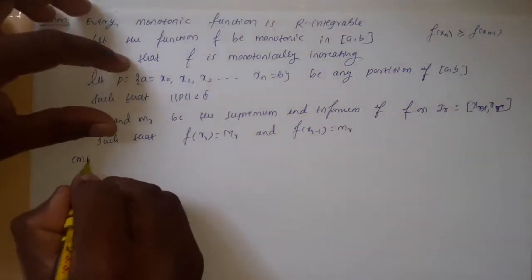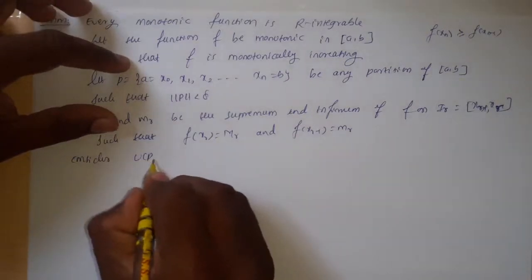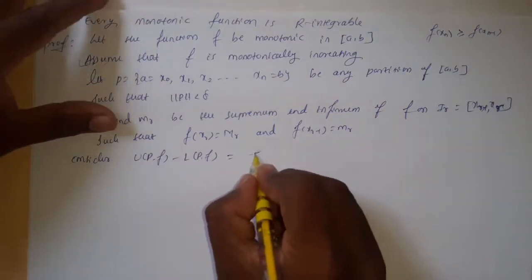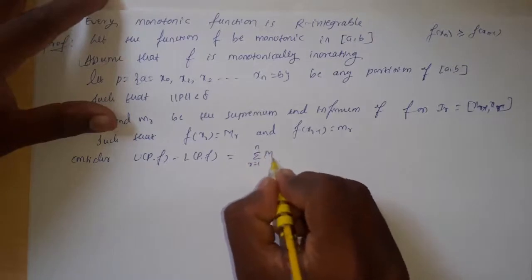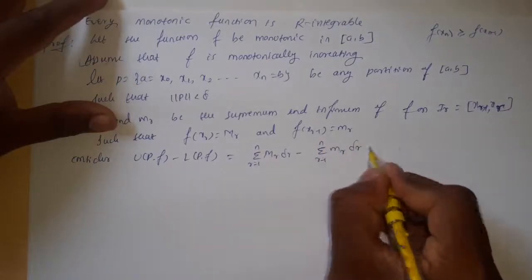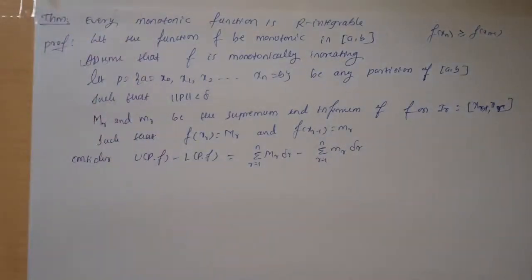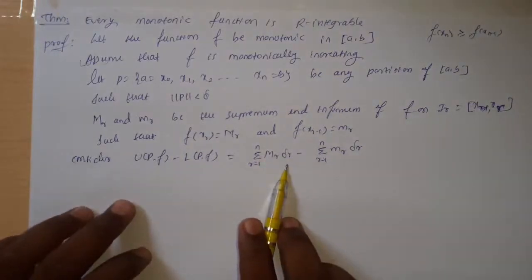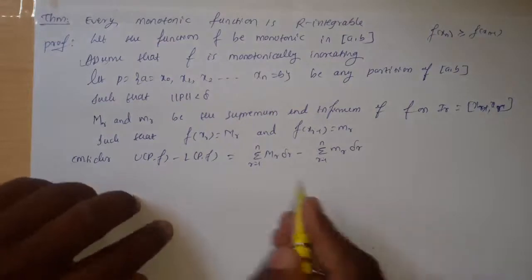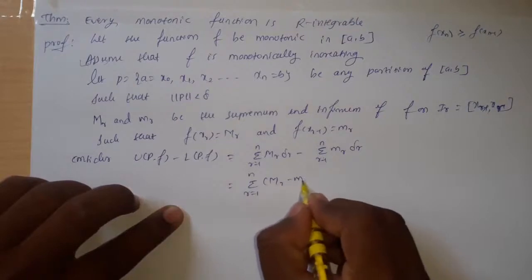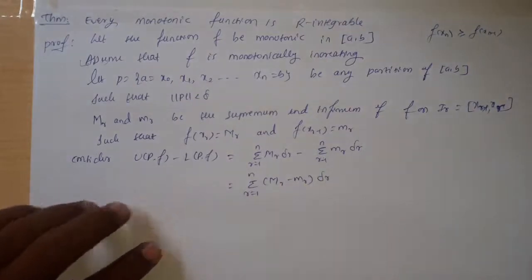Now consider UPF minus LPF equal to summation over r = 1 to n of capital Mr into delta r, minus summation over r = 1 to n of small mr into delta r, by using the formulas for the upper and lower Riemann sums. Taking the common terms, this is summation over r = 1 to n of (Mr minus mr) into delta r.